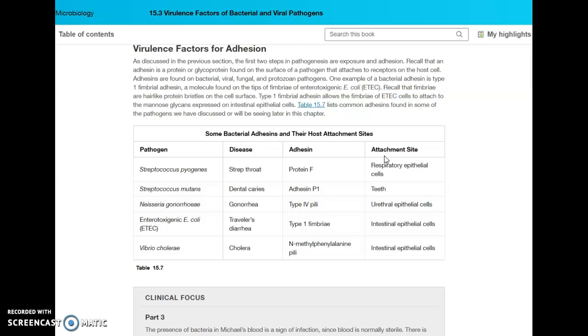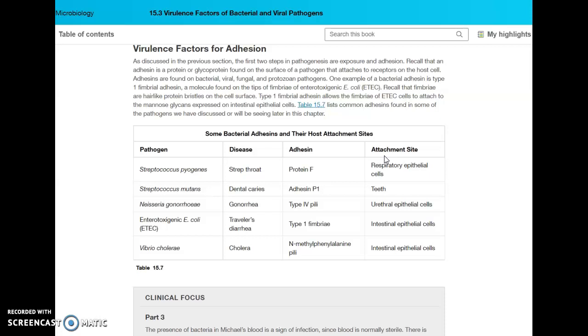And we find different types of adhesins, which are the proteins that are responsible for this, in bacteria, viruses, fungi, and protozoans. So we see different proteins involved in all groups of our pathogens except for the parasitic worms. In this table you can see a few of these different types of adhesins and the bacteria that have them and where they're allowed to attach.